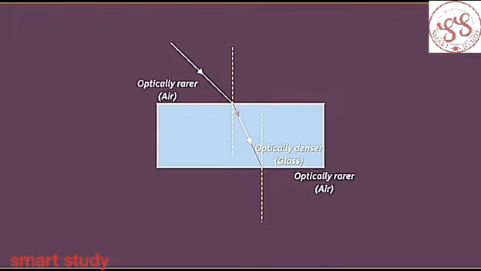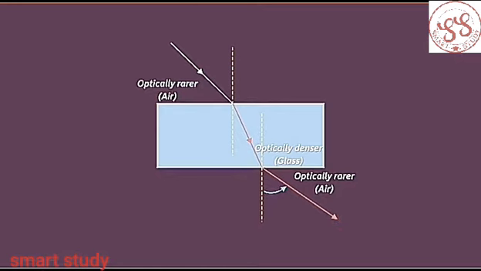We can apply the same analogy for the light entering from an optically denser medium to an optically rarer medium. Light can propagate more easily in an optically rarer medium than in an optically denser medium. In such a case, its direction of propagation will be away from the normal in the refractive medium.